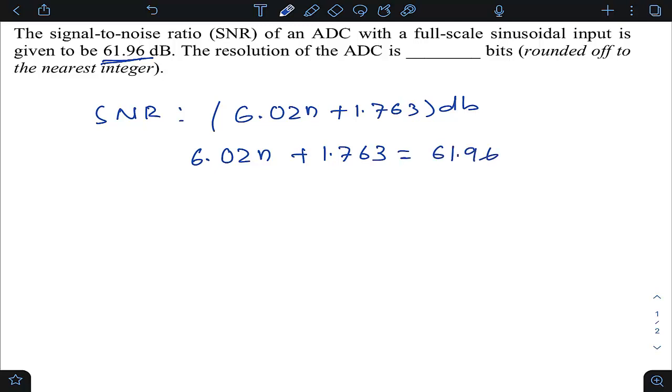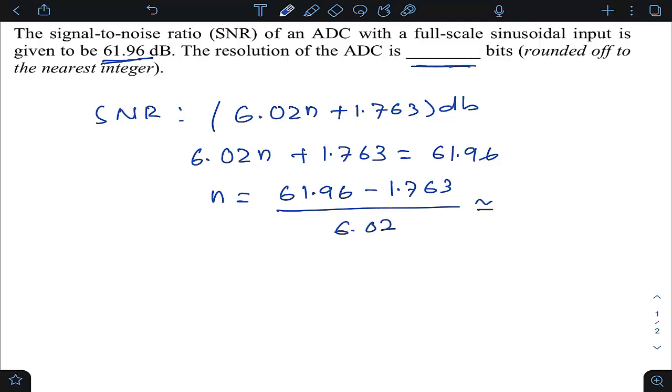We are supposed to find the value of n, the resolution of the ADC, how many bits they are asking. Very simple: n equals (61.96 minus 1.763) divided by 6.02. If you check, this comes to approximately 10. So the answer is definitely 10 bits.